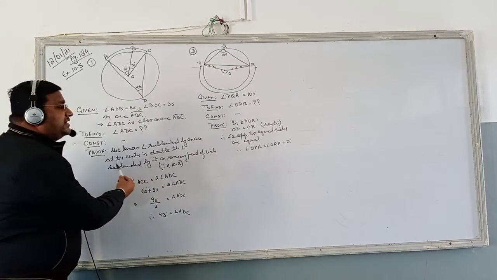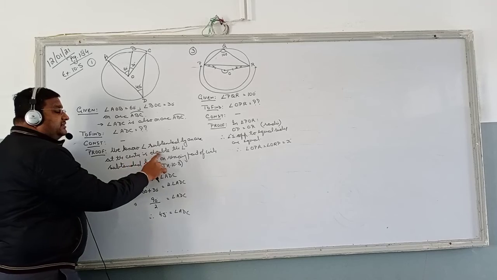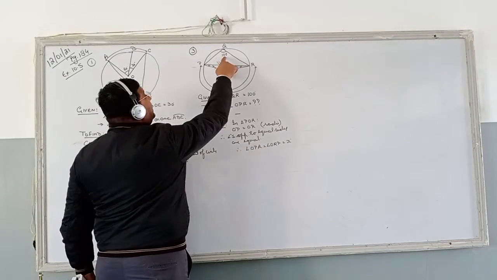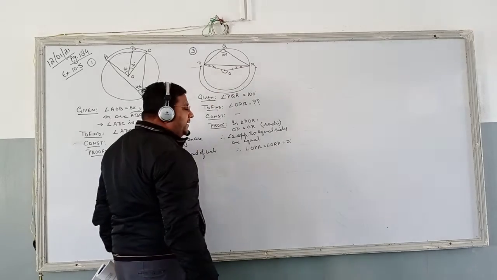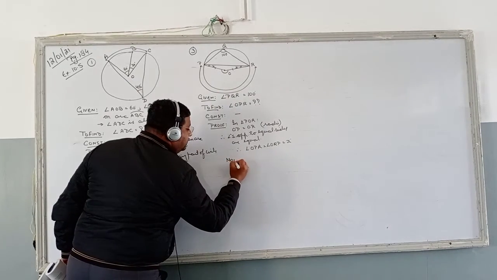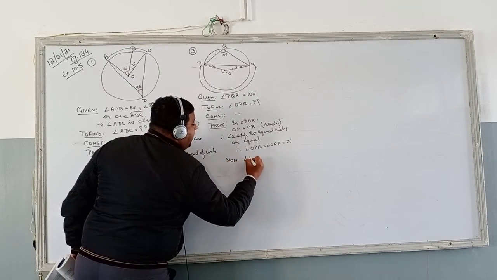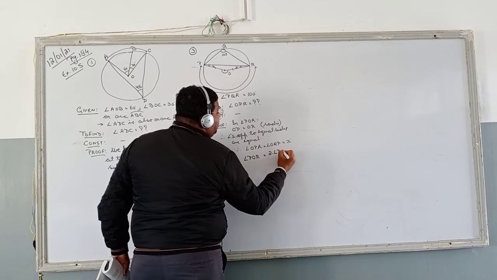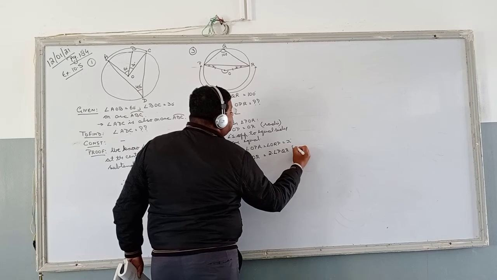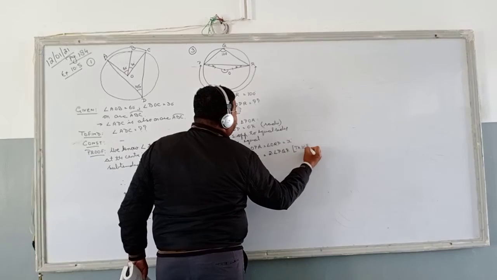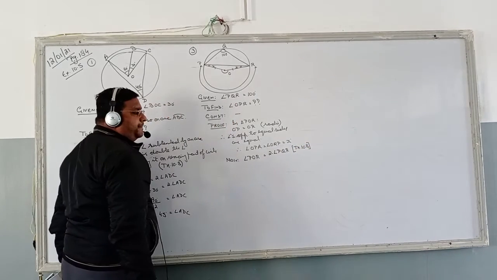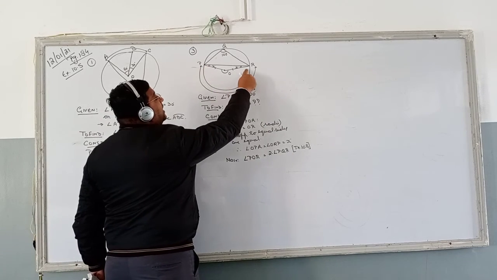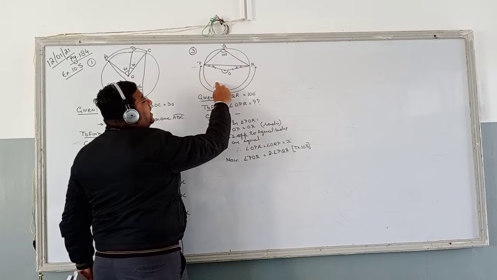So again the same statement: the angle at the center is double the angle on the circle. If this is 100 degrees, how much will this one be? 200 degrees. Angle POR is twice angle PQR by theorem number 10.8. PR is the arc.